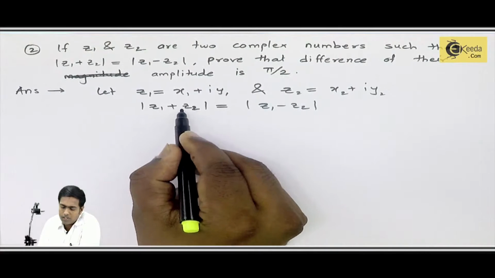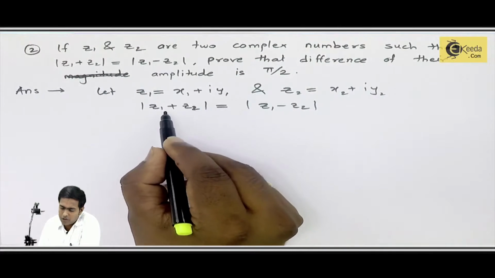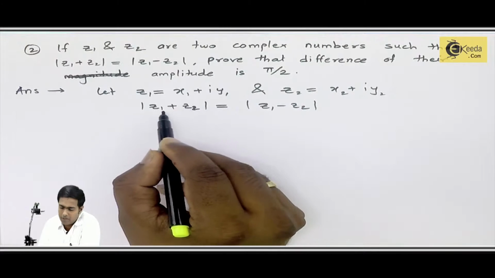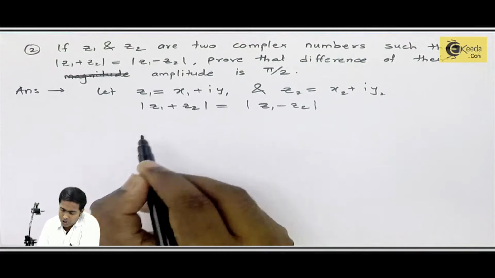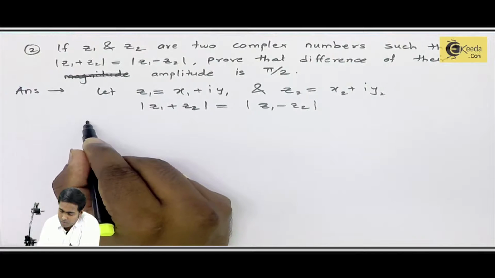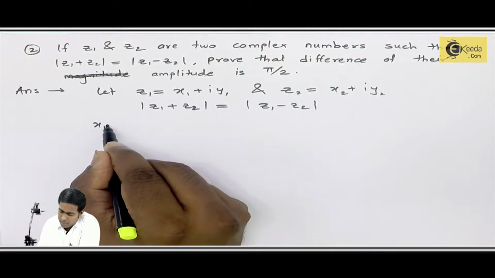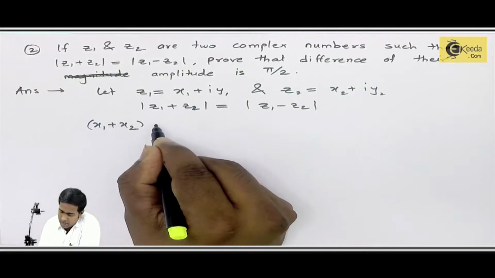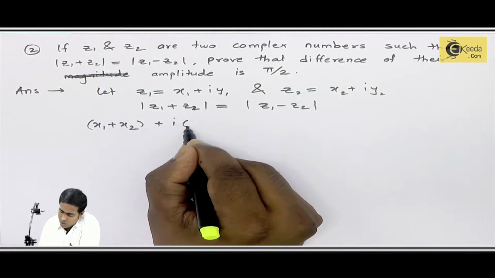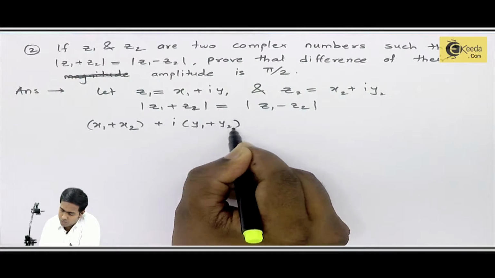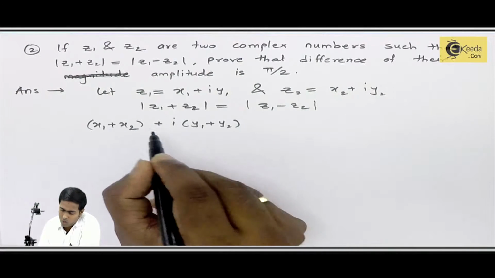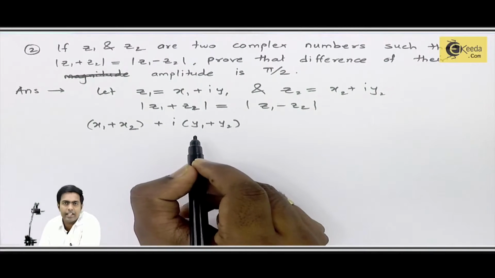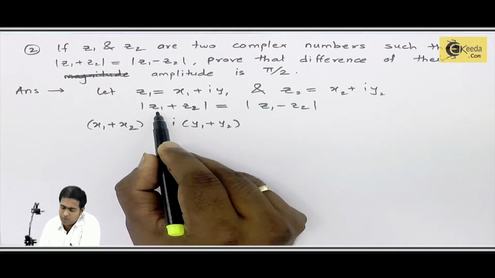So what is mod of z1 plus z2? For that we will first find out z1 plus z2 and then we will find out the mod. So we will get x1 plus x2 and y1 plus y2. Now what is this? This is nothing but addition of two complex numbers z1 and z2.